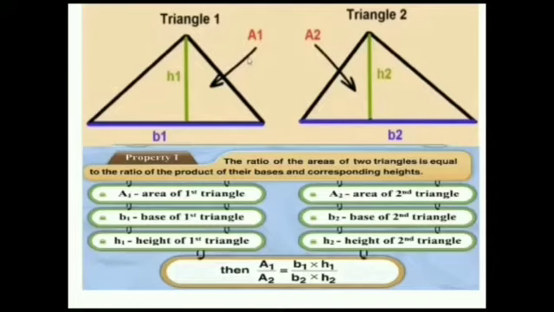So if A1 and A2 are the areas of two triangles, B1 and B2 are the bases of two triangles, H1 and H2 are the heights of two triangles, then symbolically the property can be written as A1 upon A2 is equal to B1 into H1 upon B2 into H2.